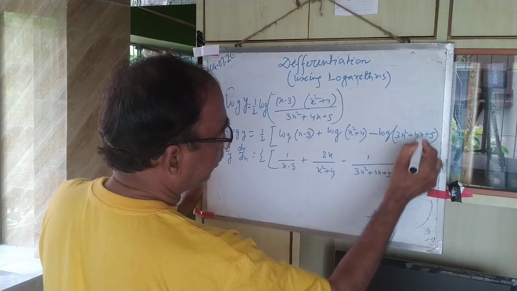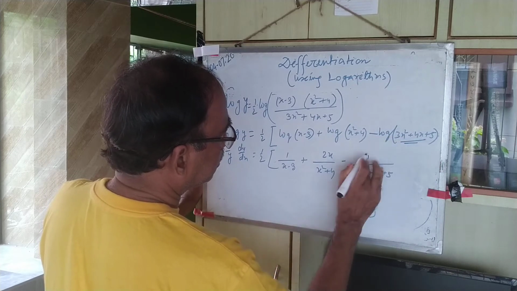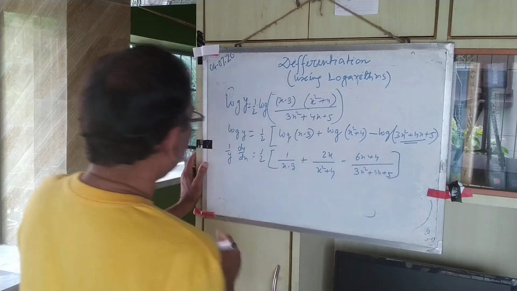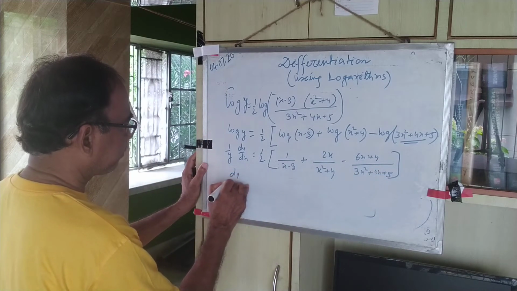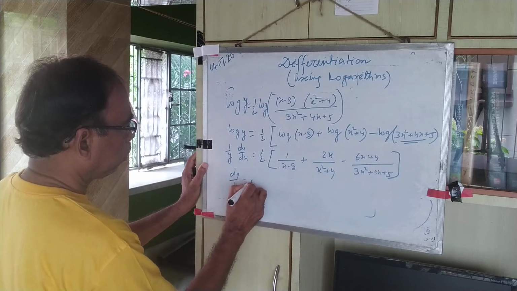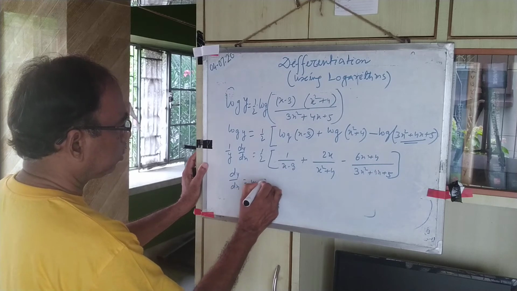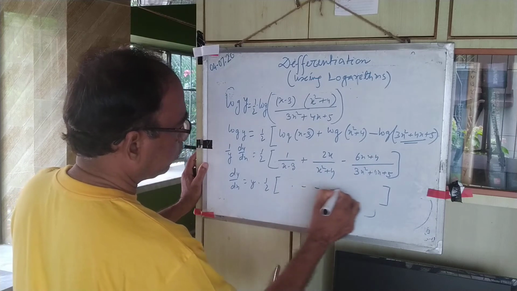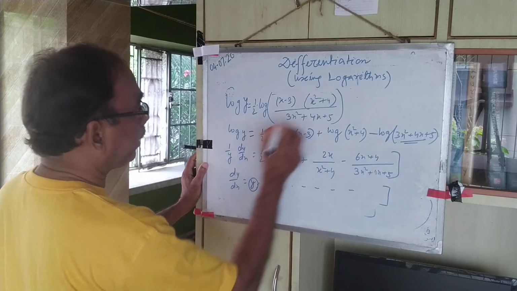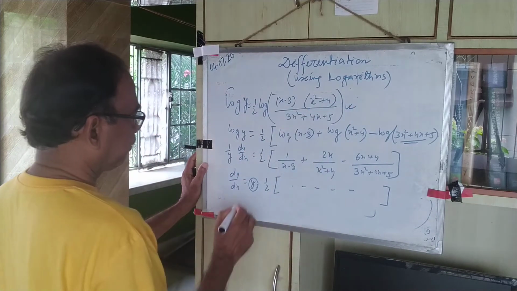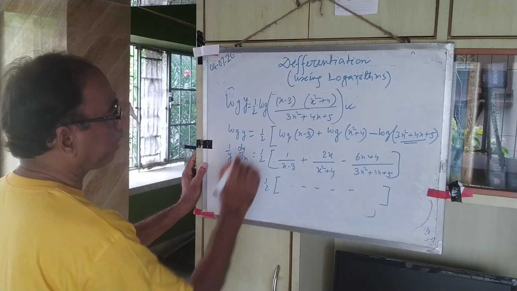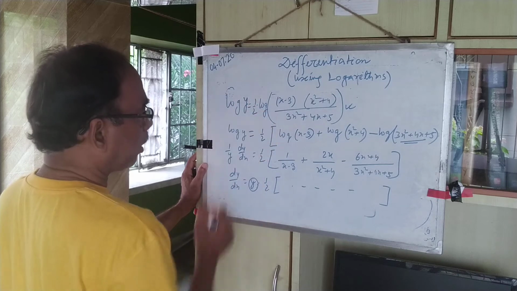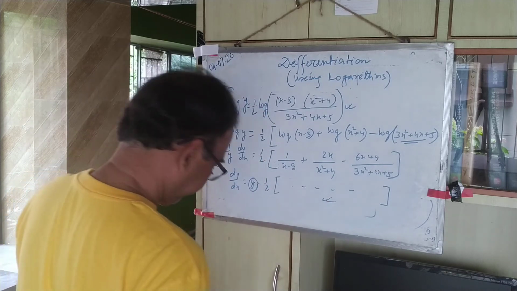Then by chain rule, the derivative of this is 6x plus 4. Now dy by dx equals y into half of this whole thing, and put the value of y. That is, instead of y we can write the value of y from before, and that is the answer.